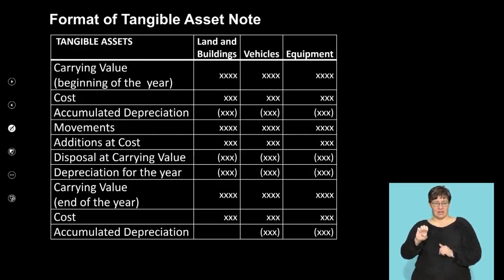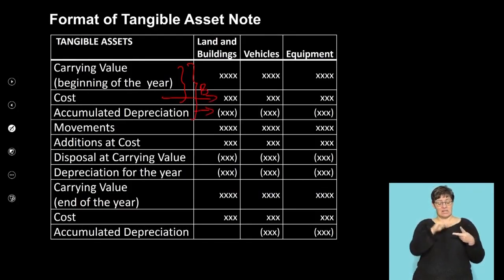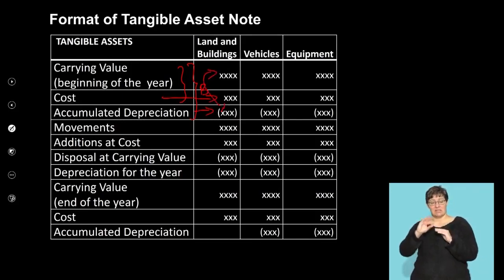What is important in this note is the following. One, these are your balances at the beginning of the year. What do you have there? You have the cost price and your accumulated depreciation. Cost price minus accumulated depreciation obviously gives me my carrying value.